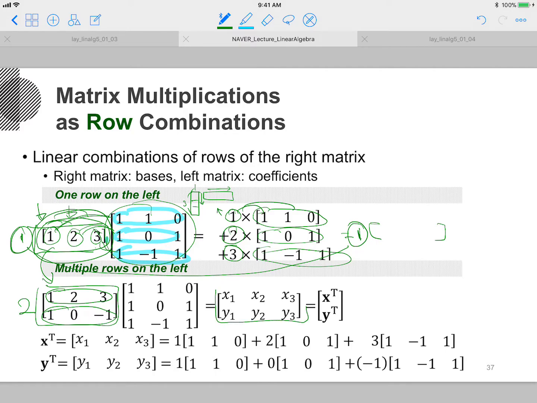And then the resulting matrix will also have these 2 rows. Each row of the resulting matrix will be represented as a linear combination of the same rows given on the right matrix, using different linear combination coefficients.